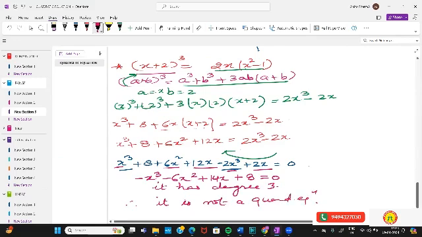Understood, beta? Yes, ma'am. Have you simplified like this only?